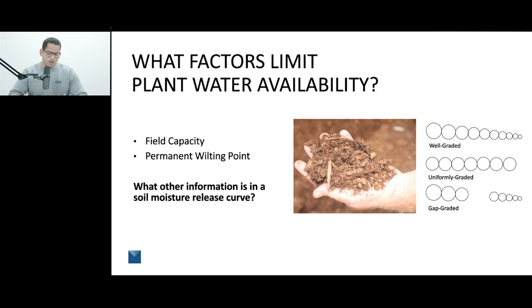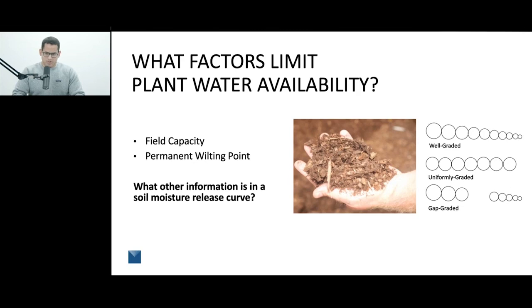Typically, when we think of soil grading, which has to do with pore size distribution, we break things out into categories like a well-graded soil, which means it has a good even distribution of different pore sizes, as you can see in this example, or a uniformly graded soil, which means we have a distribution of very similar pore sizes, so not many other ranges of pore sizes.